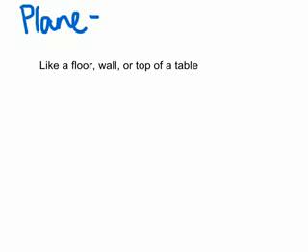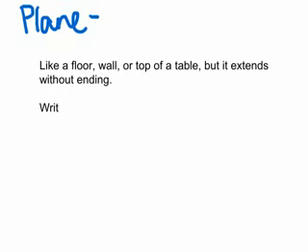Okay, lastly, let's describe a plane. A plane is like a floor or a wall, or maybe the top of a table, but it extends, again, without ending.